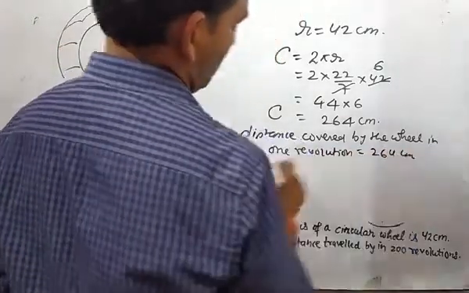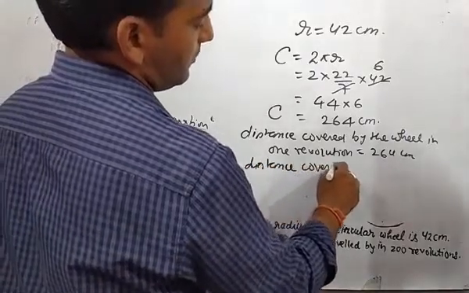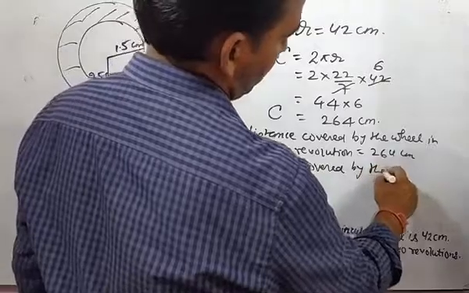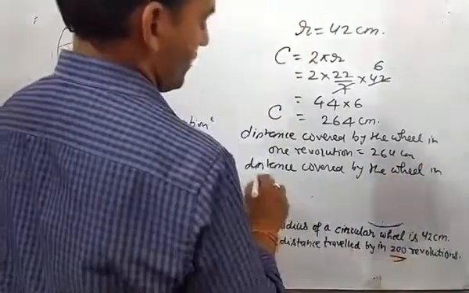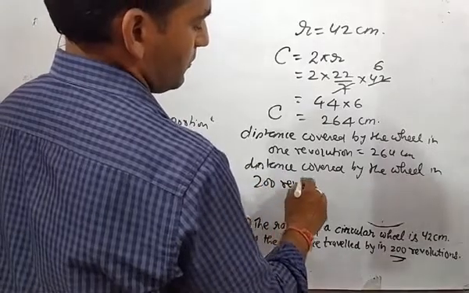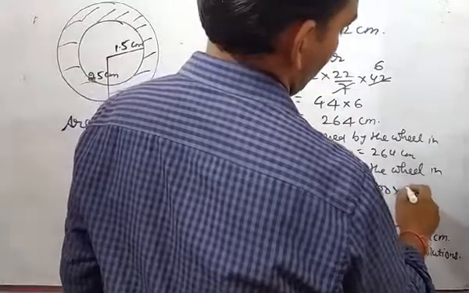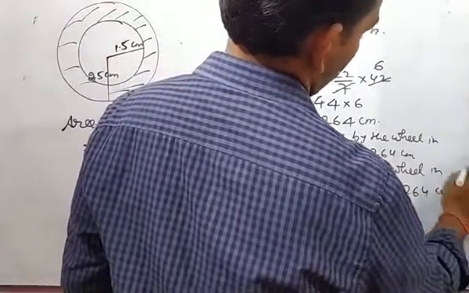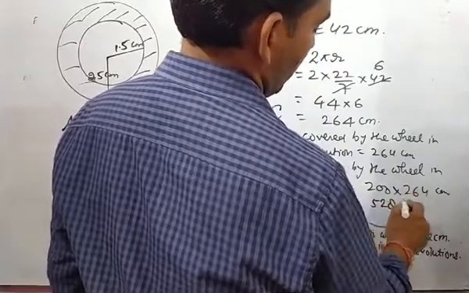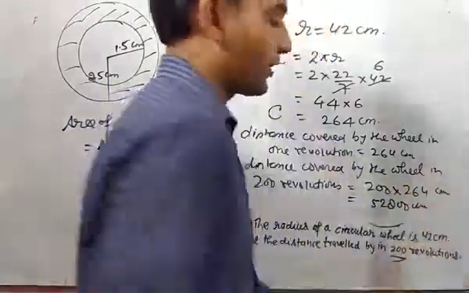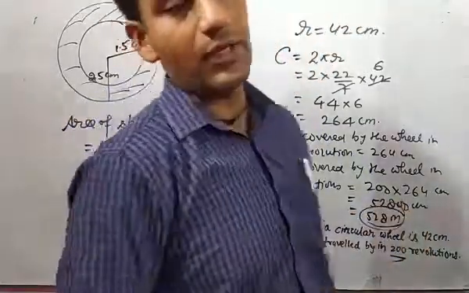So the distance covered by the wheel in 200 revolutions will be 200 multiplied by 264 centimeter. So 2 4s are 8, 2 6s are 12, 2 2s are 4, and 5, 0 centimeter. And if you have to convert to meter, 528 meter is the distance covered by the wheel in 200 revolutions.